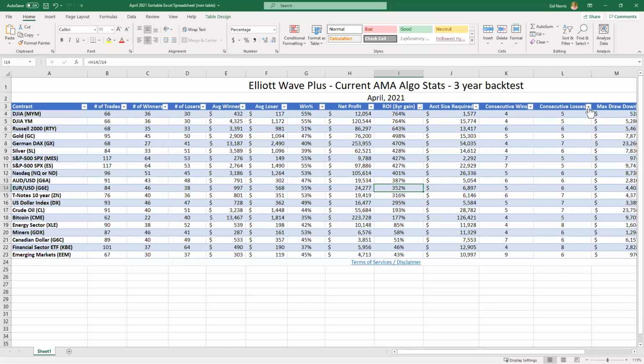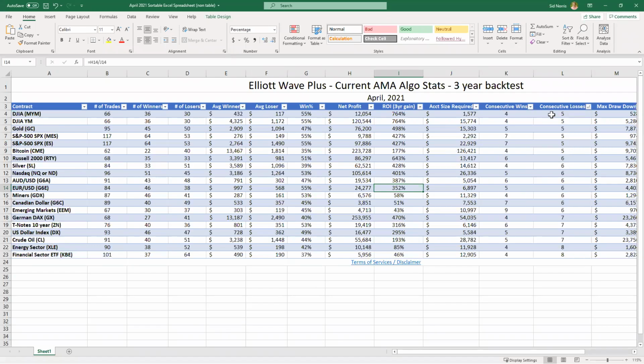If you wanted to only trade something where the maximum number of losses in a row during the 3-year back test was no more than 5, you end up with a list that includes a lot of the better return on investment items like the Dow, gold, S&P.